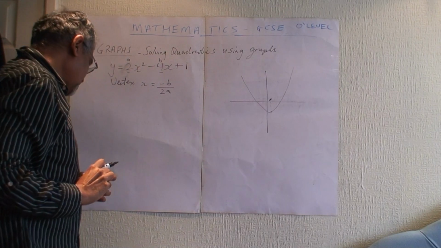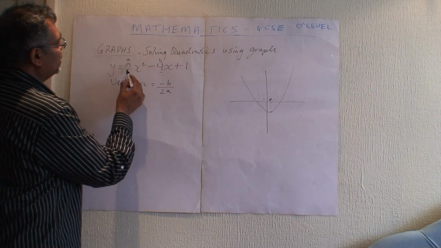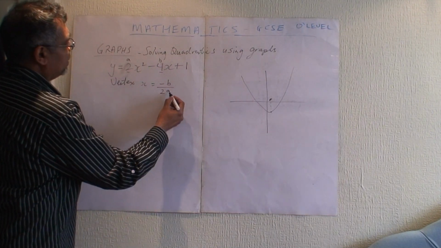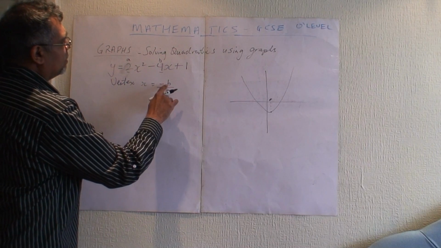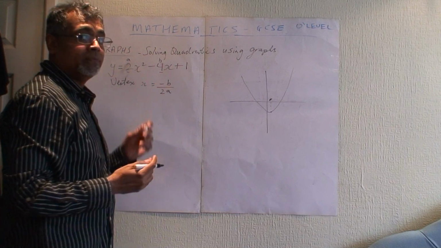This 2 is the coefficient of x squared, and that is where the a is. And the b is the coefficient of this x, which is minus 4.